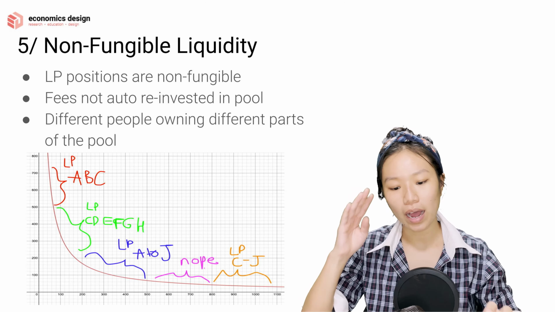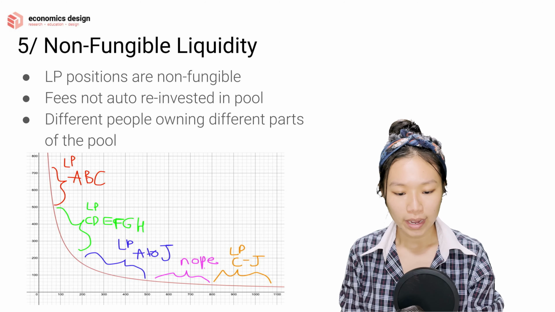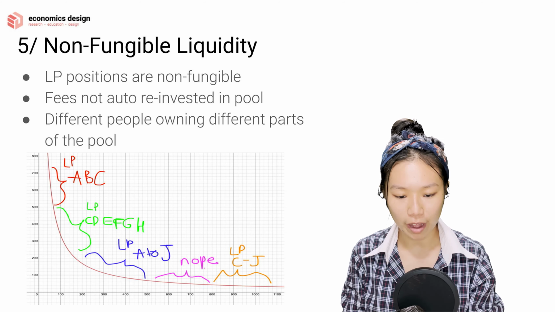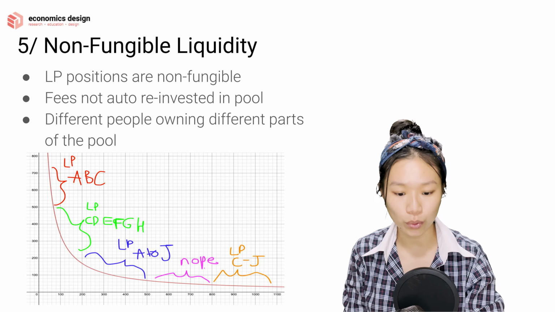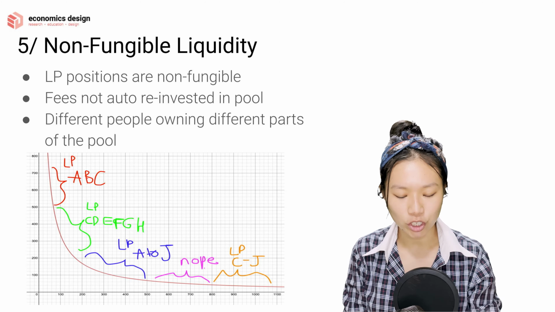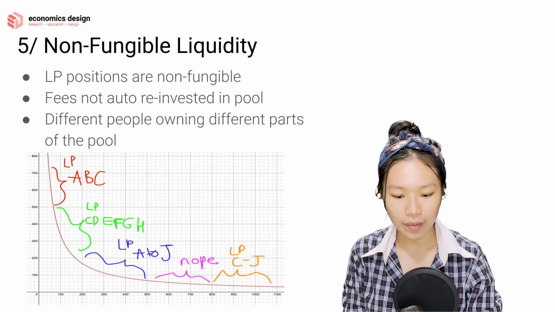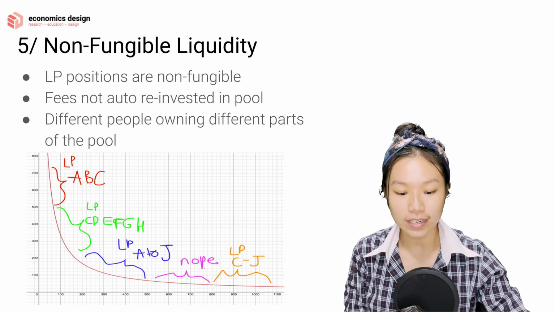So if you think about how it looks in the token itself or in the graph, let's say this is the entire graph, and then you have a specific range where LP A, LP B, LP C are providing liquidity. There's another range where LP C, D, E, F, G, H are providing liquidity. Then there's another range where LP A to LP J provide liquidity.